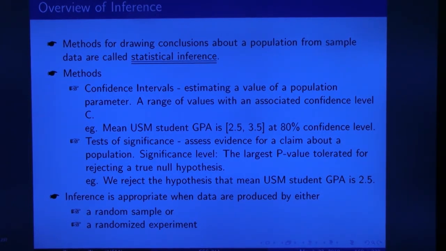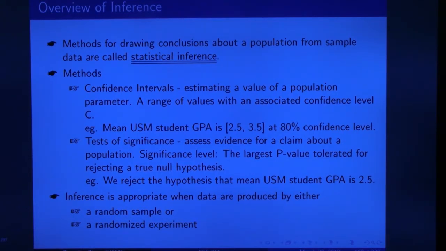Basically, we have two methods. The first one is called confidence intervals. In a confidence interval, we estimate a value of a population parameter, a range of values with associated confidence level C. C means confidence level.